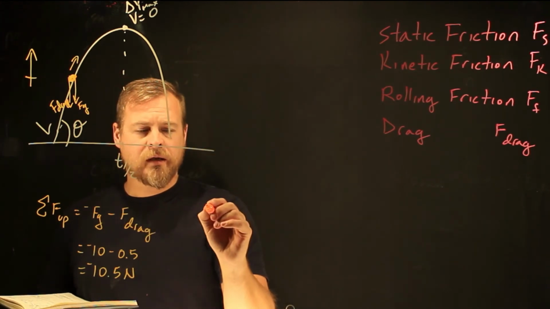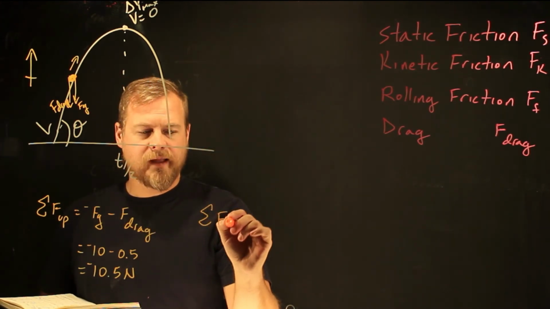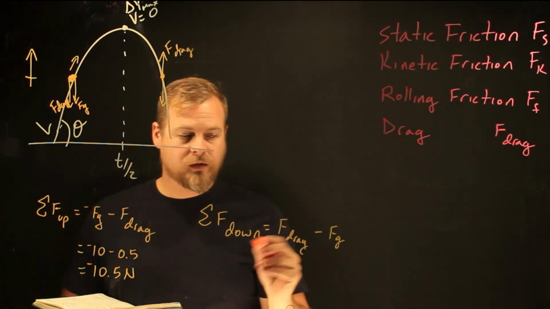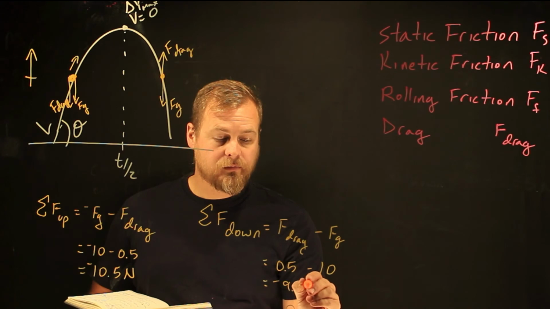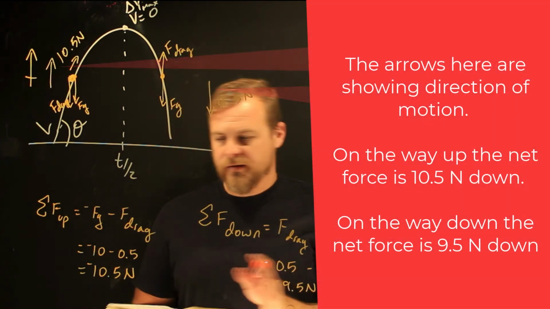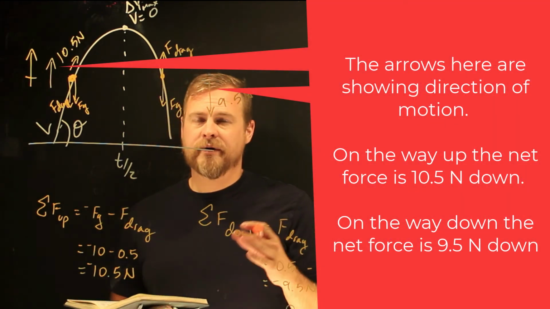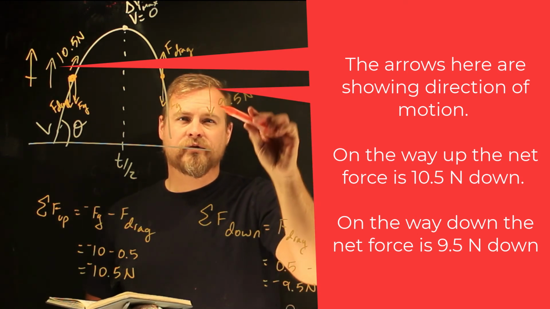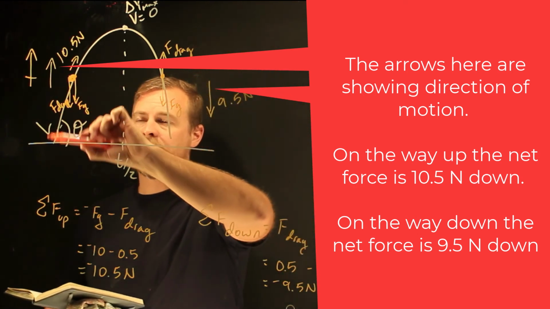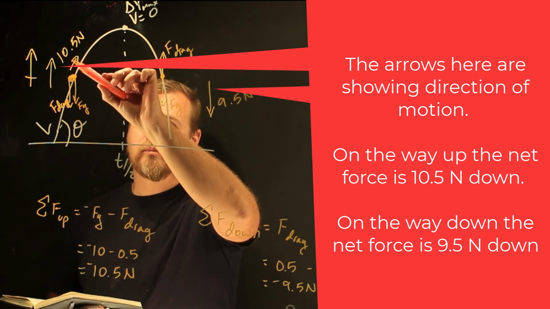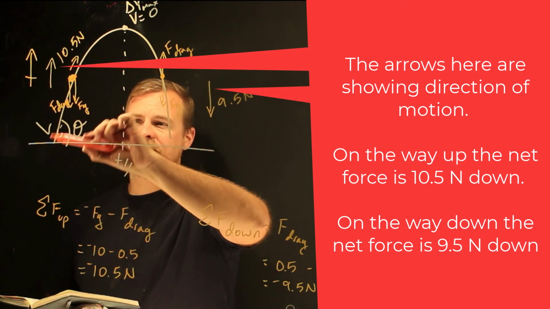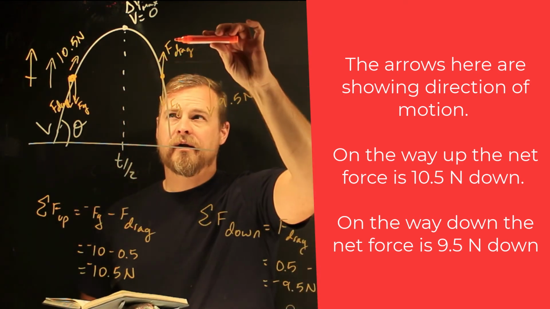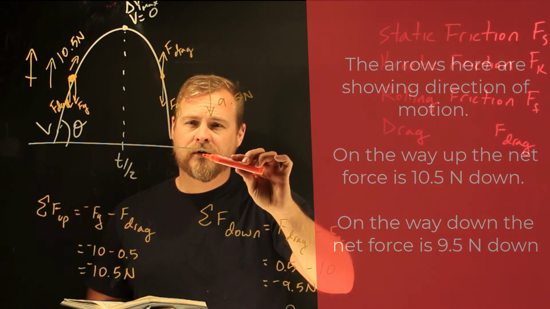Okay? If I look at the net forces down, 9.5 newtons. So if we kind of take away the minus signs, just think about what's happening here. I know this is speeding up, and I'm using a net force smaller than my net force going up. So what's happening here is this thing's actually slowing down faster than it's speeding up, right?